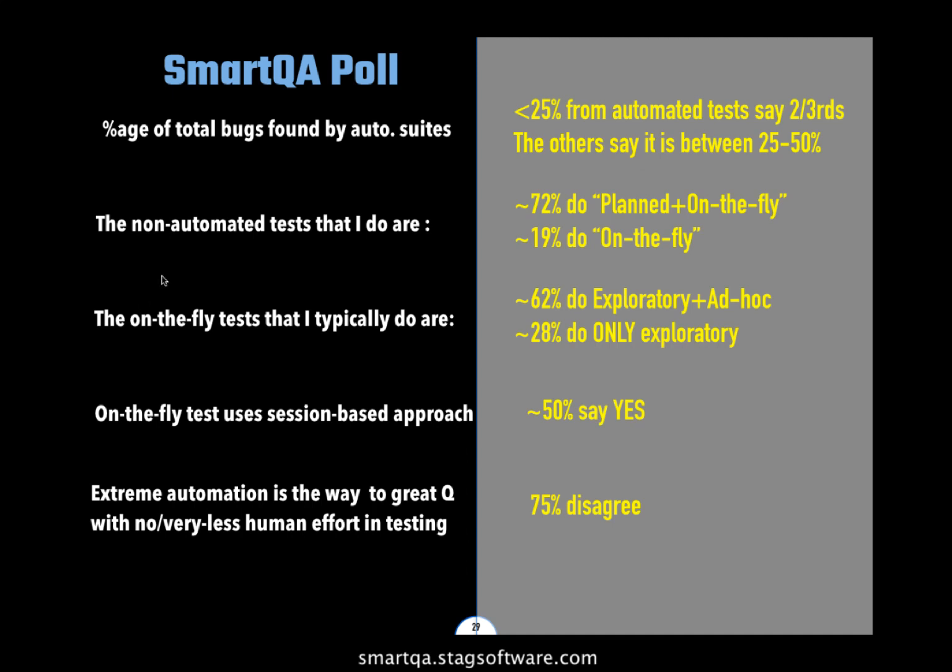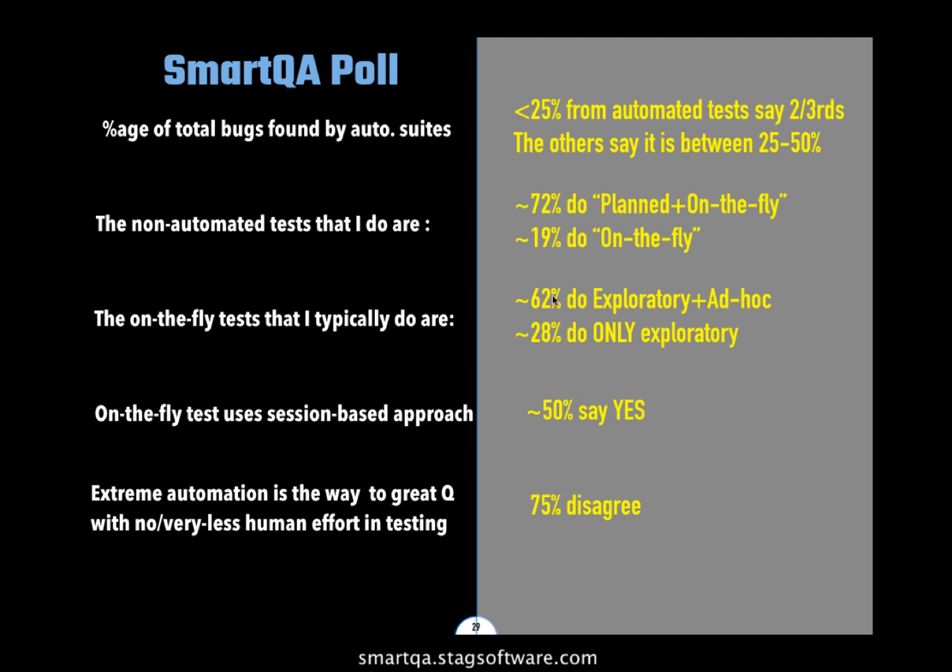While the non-automated tests that I do, about 72% said, are planned plus a bit of ad hoc, on the fly. Whereas about 1/5 of them said, hey, the non-automated tests are typically on the fly, I don't really do planning. Now we asked further, the on-the-fly tests that I typically do are, and 28% said it's only exploratory.